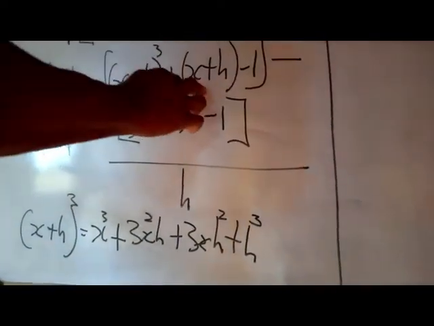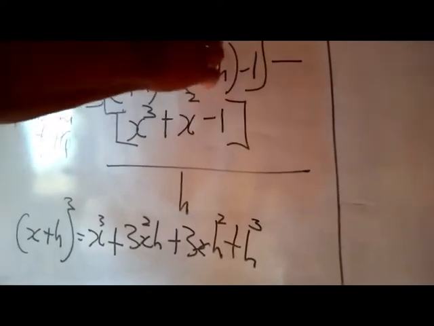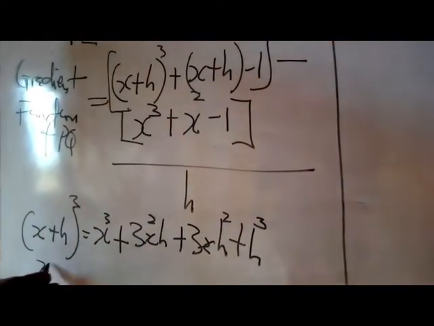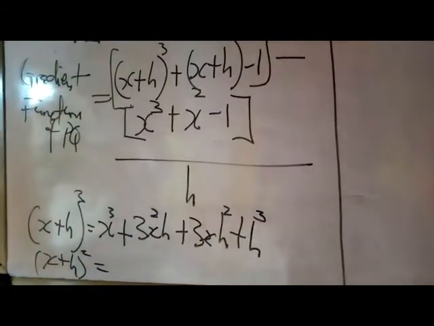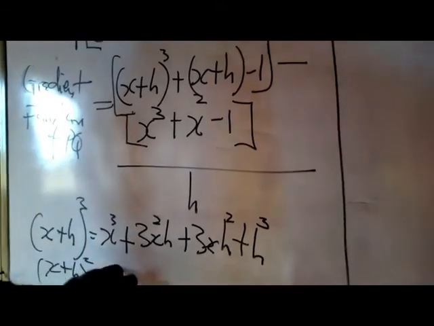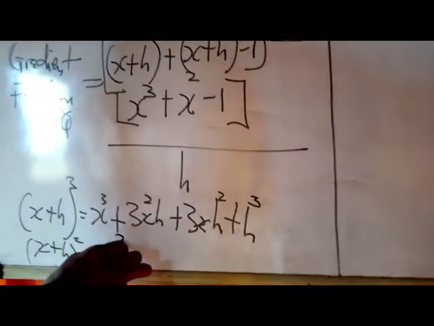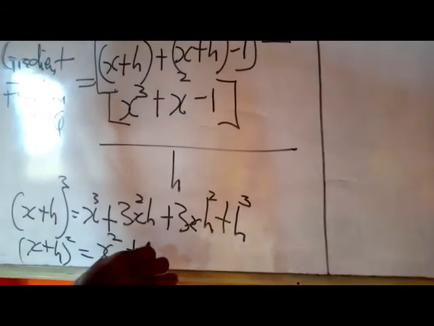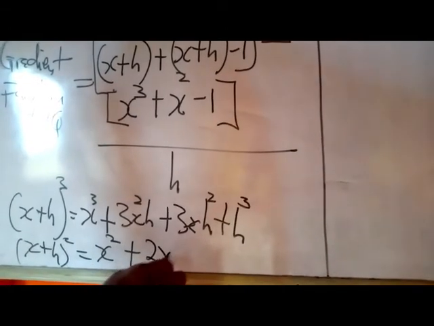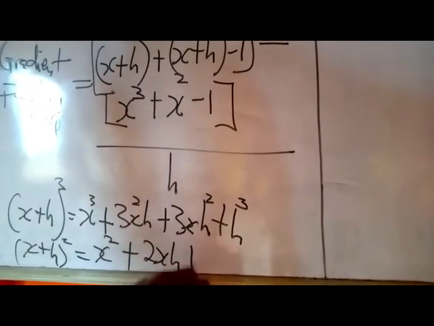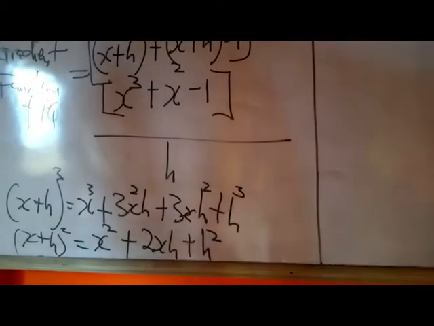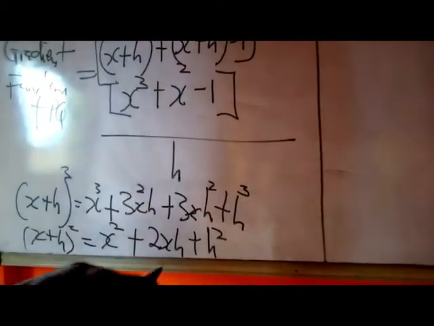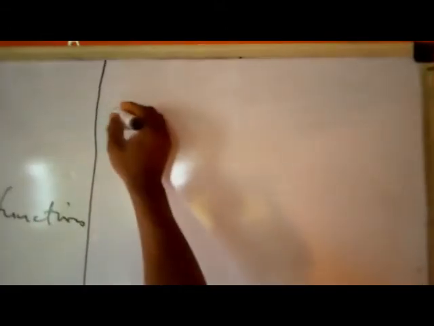Then for x plus h raised to power 2, you also use that. What we will have will be x raised to power 2 plus 2xh plus h raised to power 2. So that is what we are going to have.